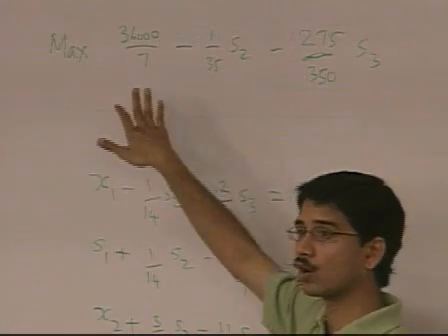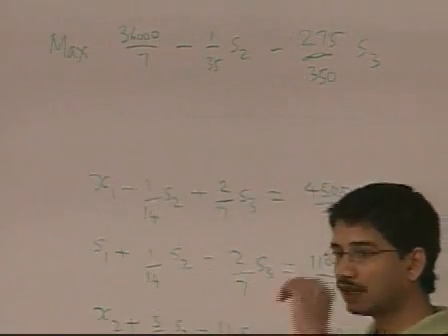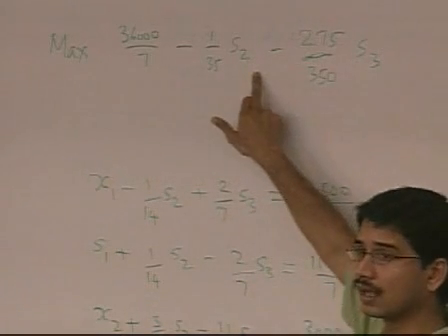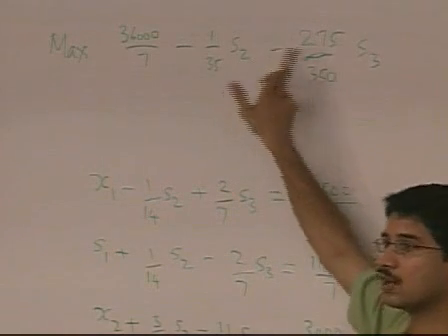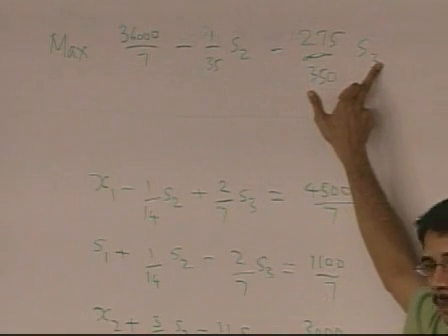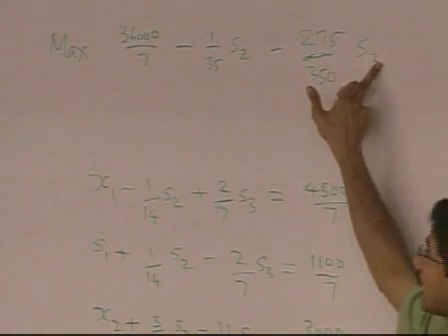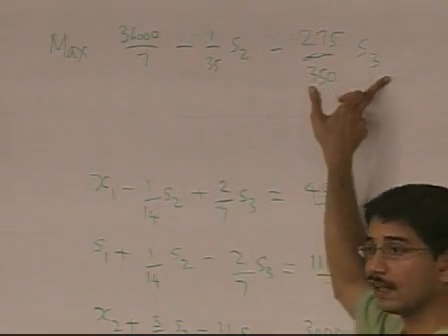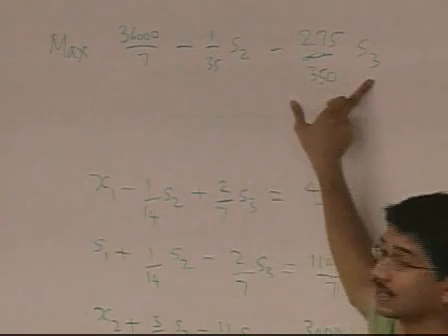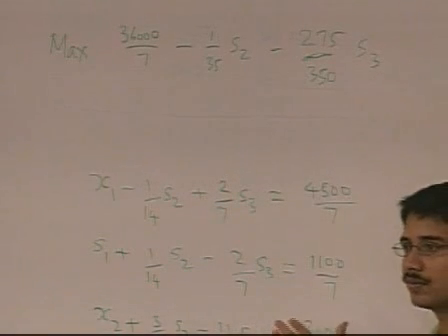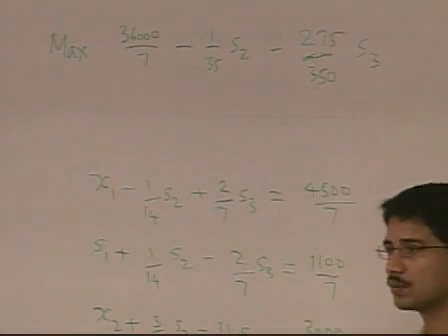Because any feasible solution is going to have non-negative values for these two, and if I use any positive value here or here, my profit is going to go down. So the best thing that I can do is check whether I can set these two to 0. If by setting S2 and S3 to 0, I get a feasible solution to the problem, that has to be an optimal solution.